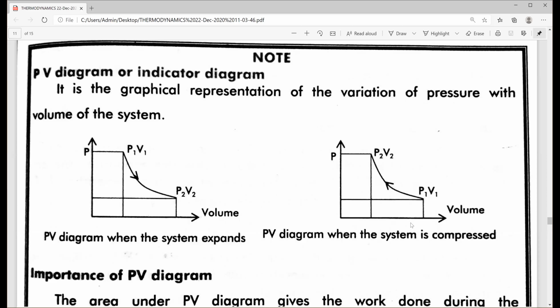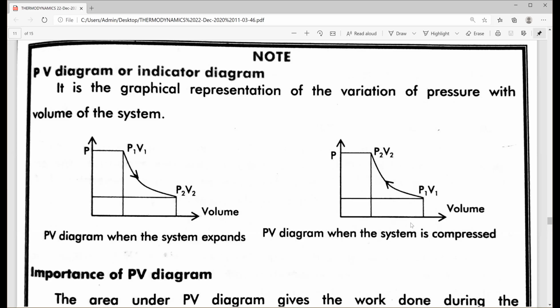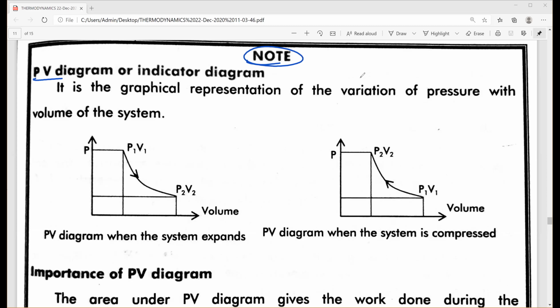So one more point you have to remember. PV diagram is the graphical representation of variation of pressure with volume of the system.